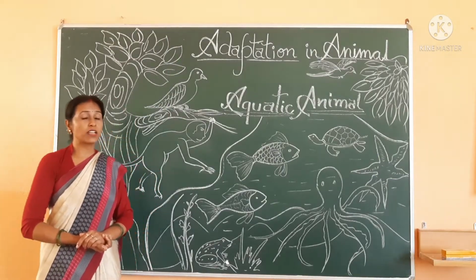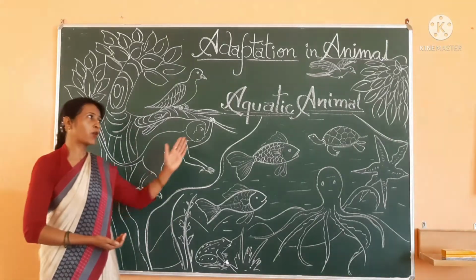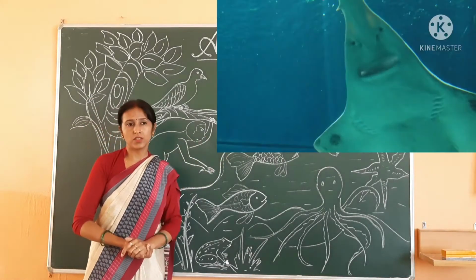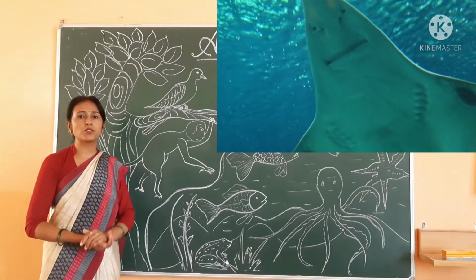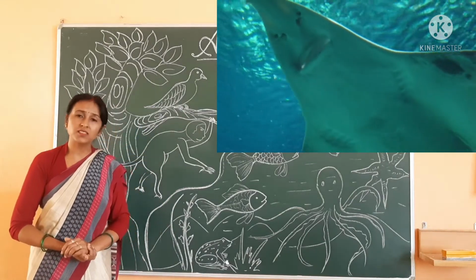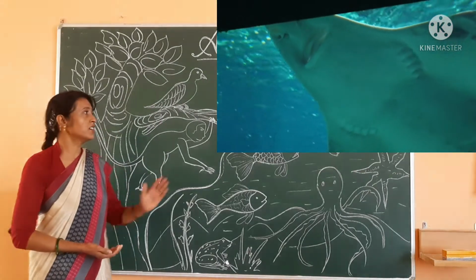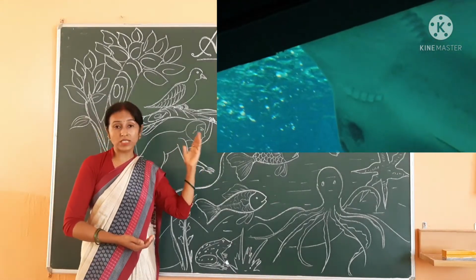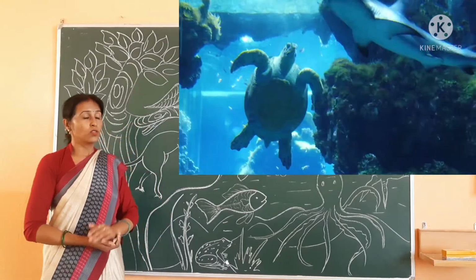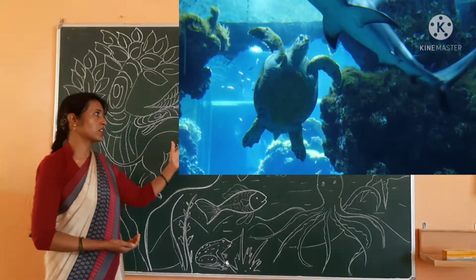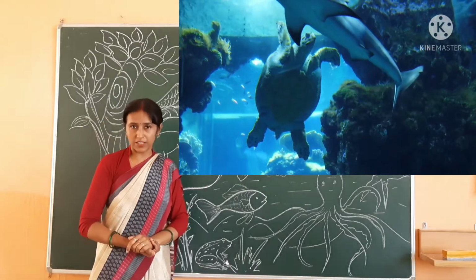For today, the name of our topic is aquatic animals. In our last chapter, adaptation in plants, we discussed aquatic plants. Like that, animals that are found in water are named aquatic animals.